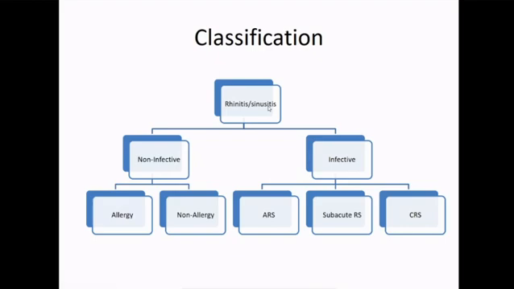Because all the openings of the sinuses are in the nose. Be it a big sinus or a small sinus, all the sinuses open in the nose. So basically, when we scope the nose, we cannot see the sinus because the sinus is at the periphery or at the sides of the nose. But we can see the opening, which we call the ostium of the sinuses.